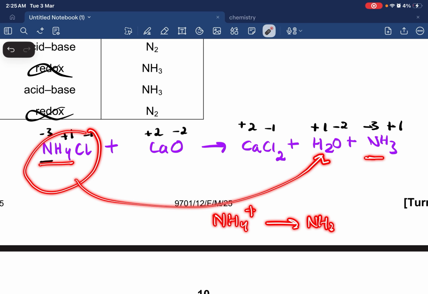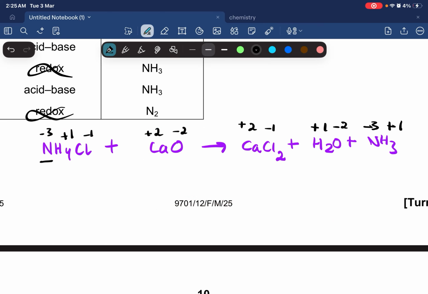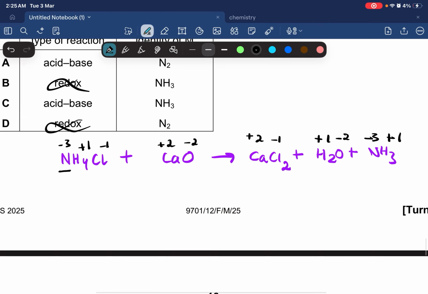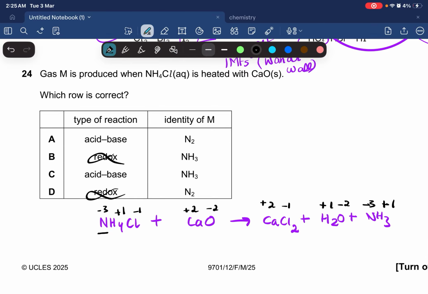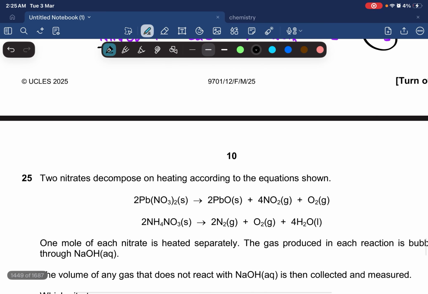Ammonium is an acid because it donates its proton, and calcium oxide is a base because it's a proton acceptor. The oxygen accepted the proton and formed water. So this is an example of an acid-base reaction. And the identity of M, the gas we form, is ammonia gas. So that's the reaction happening.